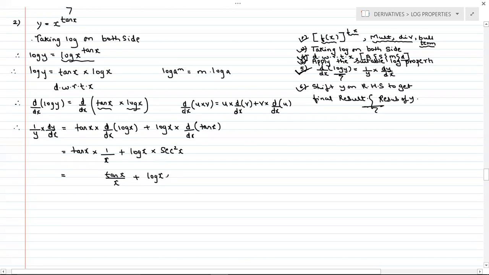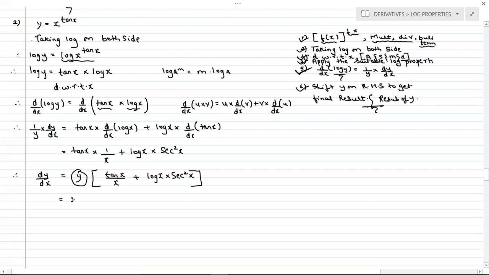And this will be log x into sec square x. As clearly we can see, the functions are different. So whenever the functions are different, we cannot add, we cannot multiply, we cannot divide also. You have to keep the term as it is. After that, what I told in the last sum, you have to shift y to the right hand side. After shifting y to the right hand side, you have to resubstitute the value of y.